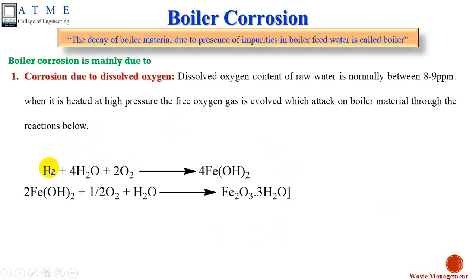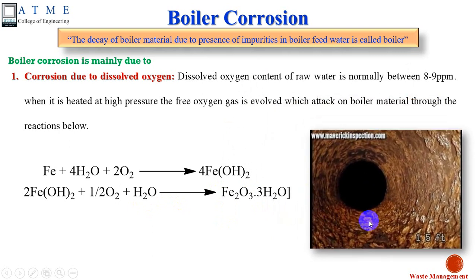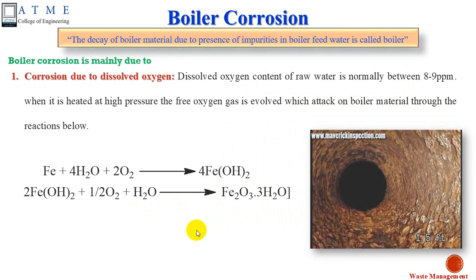Free oxygen reacts with iron to form Fe(OH)2, which is an insoluble precipitate, which again undergoes oxidation in the presence of water to form the corrosion product, hydrated ferric oxide, Fe2O3·3H2O. Hence the boiler will be corroded. This is an example of corrosion of a boiler due to dissolved oxygen.